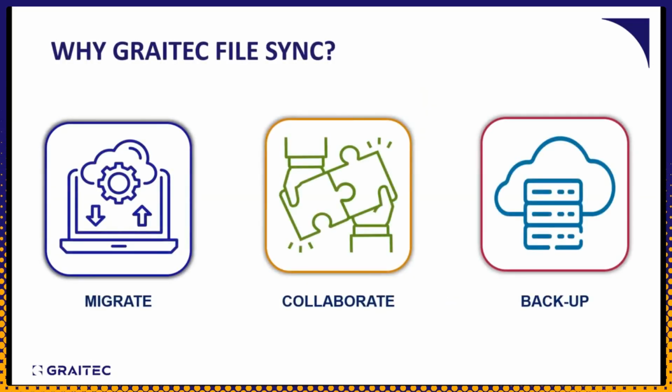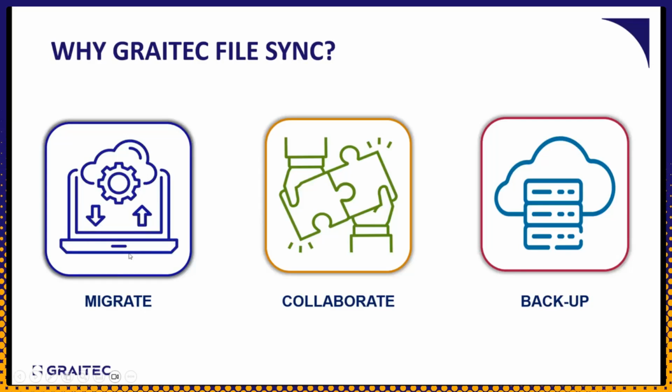We're really looking at three core use cases for FileSync. First, migrating data, whether you want to migrate data at the handoff or at the start of a new project phase, migrating from Windows to ACC, from Procore to ACC, or any other integrated platform.